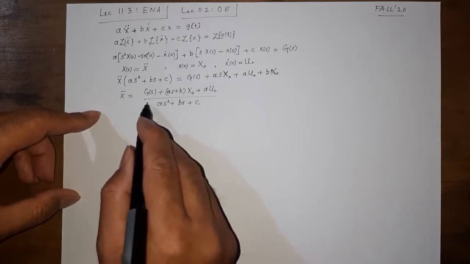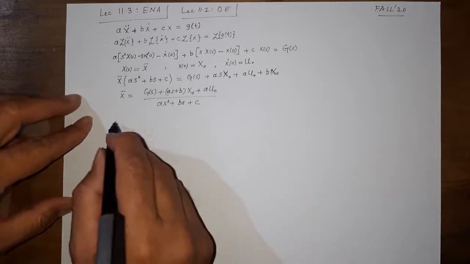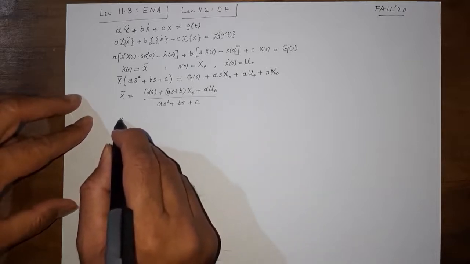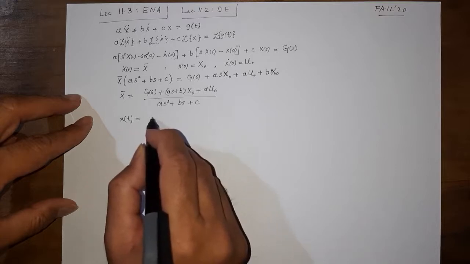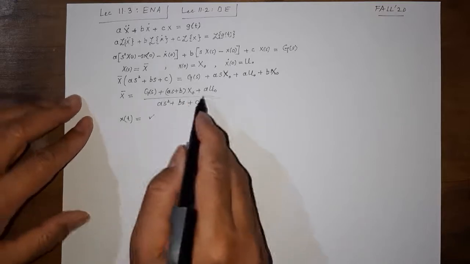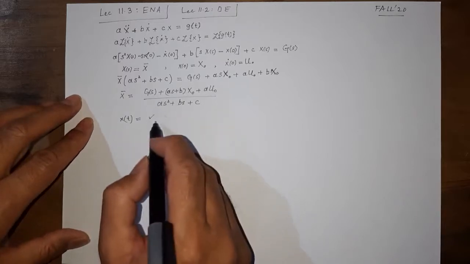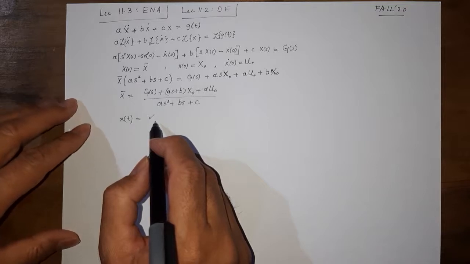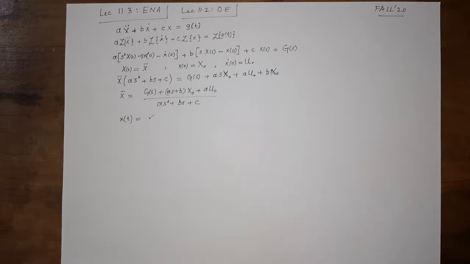Now the issue is how to write this expression in such a way that this x of t can be found from here. And doing this is going to require some old knowledge. Let us take an example and let us try to see what that old knowledge would be.